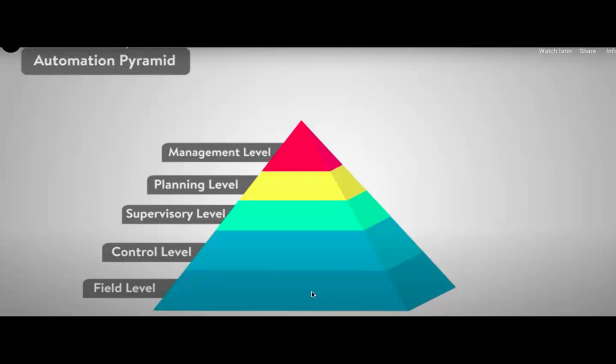That's why we require control devices. Some examples of control devices are PLC and CNC. These are the most widely used control devices.